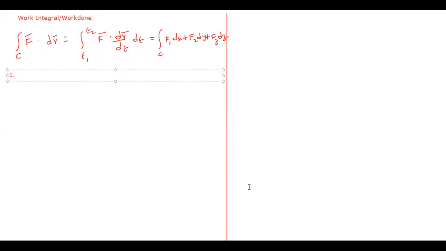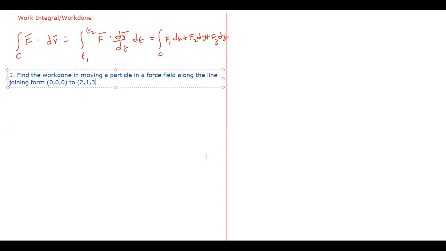Find the work done in moving a particle in a force field along the line joining (0, 0, 0) to (2, 1, 3), where f bar equals 3x square i bar plus (2xz minus y) j bar plus z k bar.